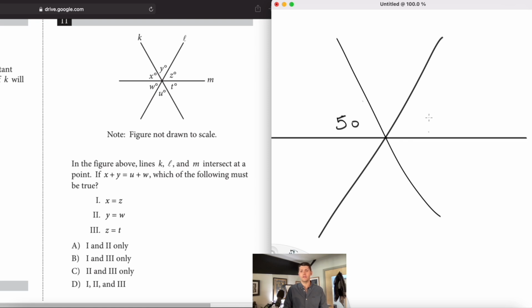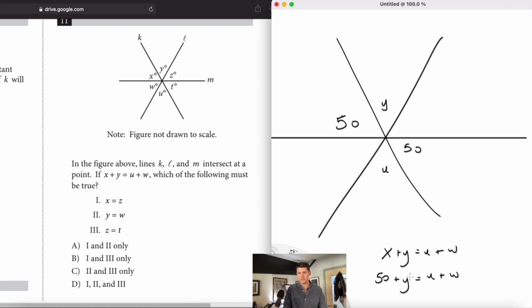The equation says exactly, x plus y equals u plus w. So if we have 50 plus y equals u plus w, well, what do we know already? Well, we know you could put this 50 over here, right? Opposite angles are equal. And then you could say, look, y and u are across from each other too.